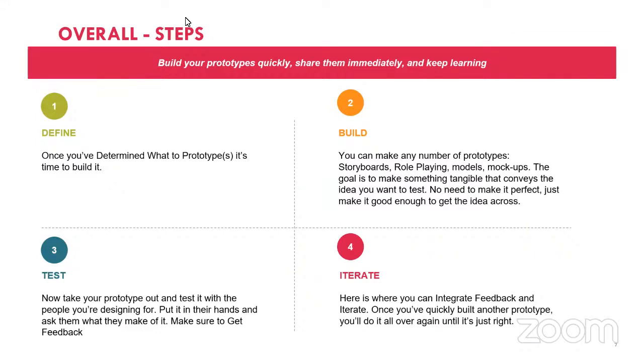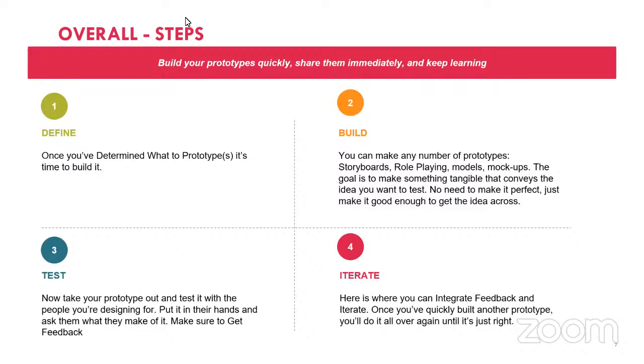Iterate just means after you get the feedback, you come back, you put the feedback that you have been told to the prototype you're making, you make those changes. Iterating is you're making those changes as per what you have been told by the community or the person who this project is going to impact.